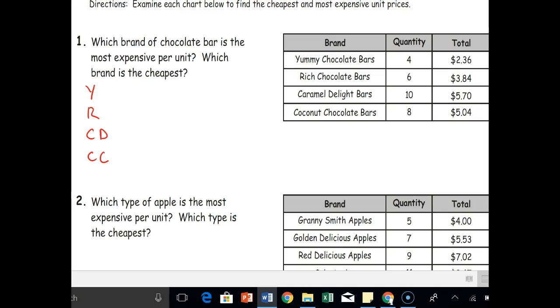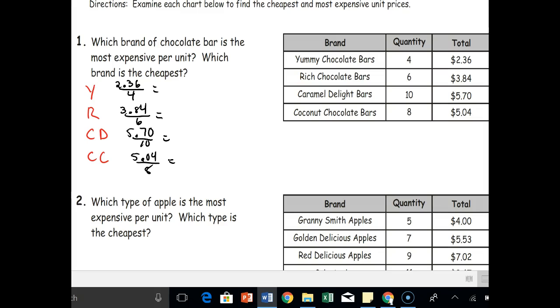So for Yummy, you're simply doing 236 over 4. For Rich Chocolate, you're doing 384 over 6. For Caramel Delight, you're doing 570 over 10. And for Coconut Chocolate, you're doing 504 over 8. And so now we go ahead and do this actual division.